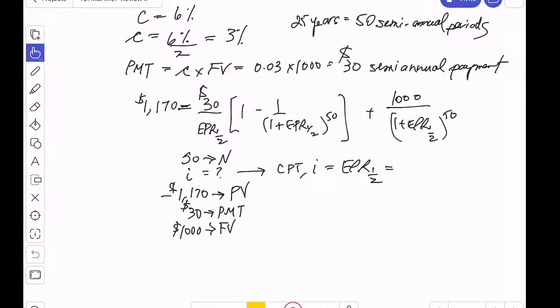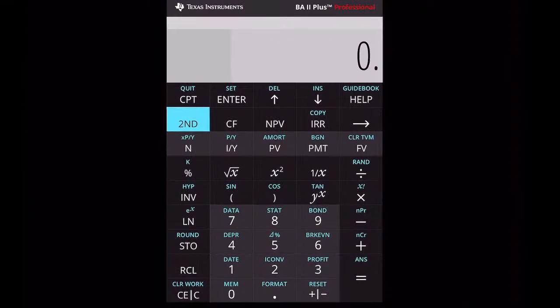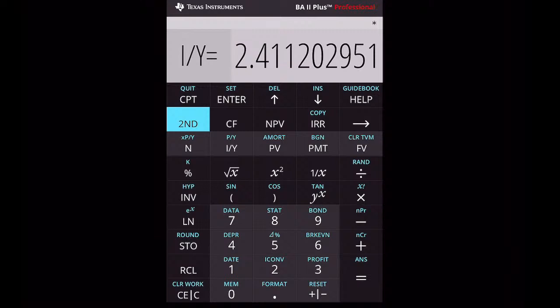Okay, so here, entering 50, 1170, 30, and 1,000. So 50 into N, 1170 in negative into PV, 30 into payment, and 1,000 into FV, compute I. So that is the interest rate, 2.41120.